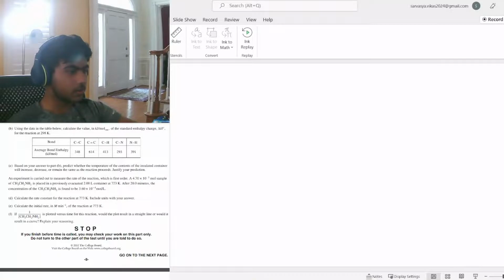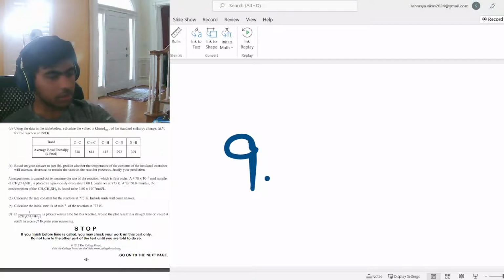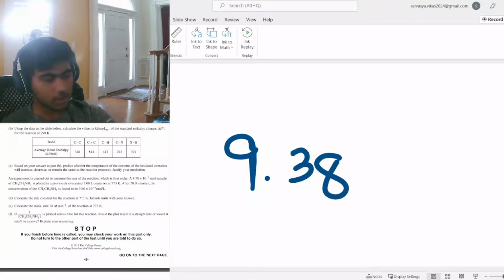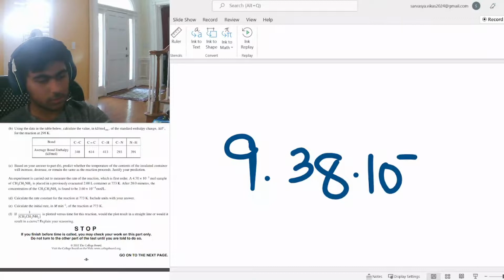All right. So we have divided by negative 20, and that is going to make the rate constant equal to 9.38 times 10 to the negative 2.